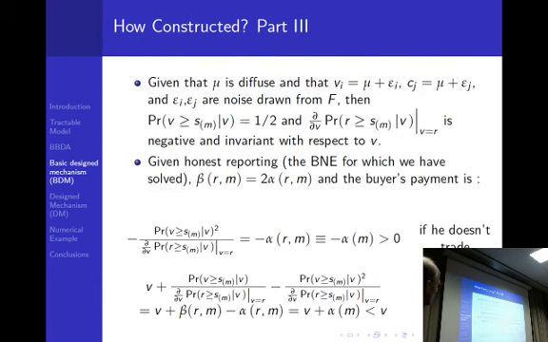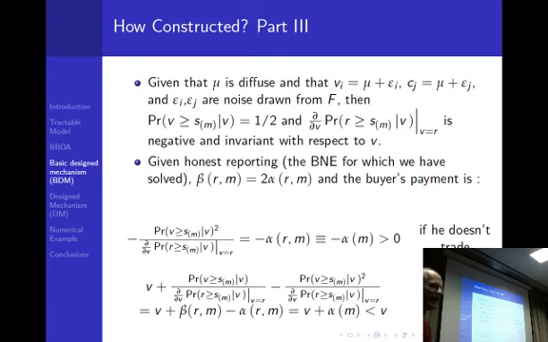Okay, so given that mu is diffuse, and that you have those constructions of the values and costs, that is going to imply, and we prove it, that this probability is a constant of 1/2, and that this derivative is negative and invariant with respect to v.